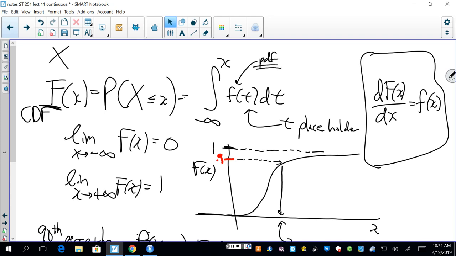So one's density, just the height of the curve, and the other's the cumulative: going from left to right, what's the total area up to that point under the curve. Okay, thank you. So what's the probability mass function then? That's the probability at points for discrete. Thank you.